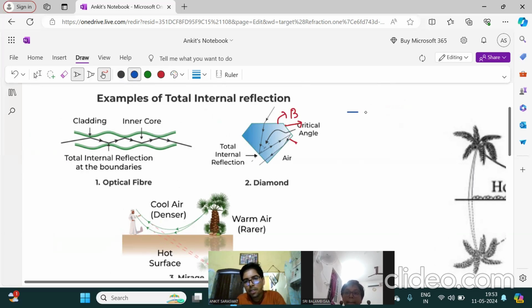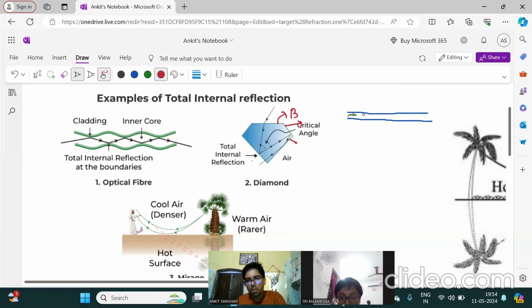Nowadays, Jio is providing this cable, very fine cable. This cable has plastic, some material. Inside this, there is some glass. If you open that, there is some glassy material.